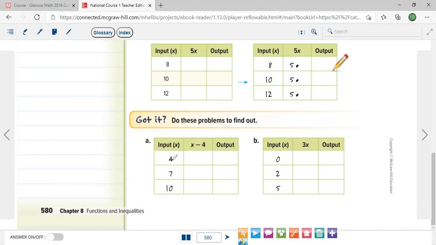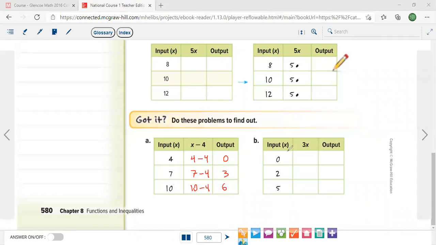In the first case, which is x equals 4, you are going to replace x with 4. So this will be 4 minus 4, which means 0. For the number 7, replace x with 7. So 7 minus 4, this will be 3. For the number 10, replace x with 10. So this will be 10 minus 4, and this will be 6.